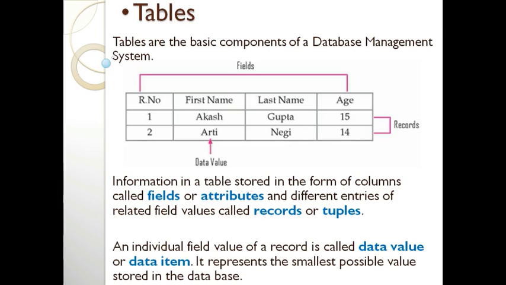Information in a table stored in the form of columns called fields or attributes, and different entries of related fields values called records or tuples. An individual field of record is called data value or data item. It represents the smallest possible value stored in the database.